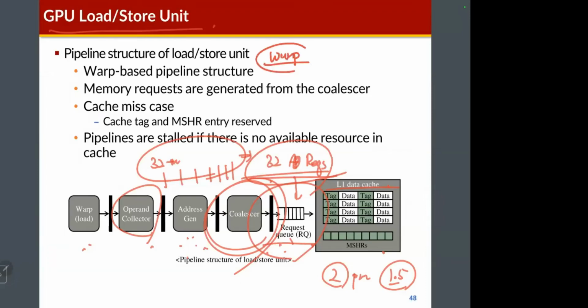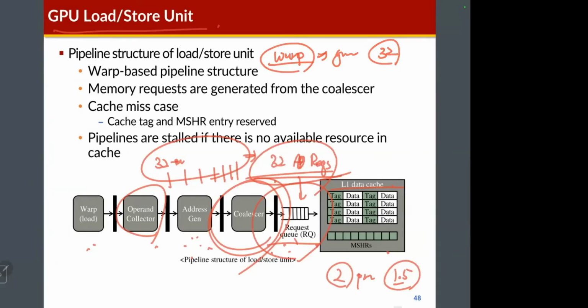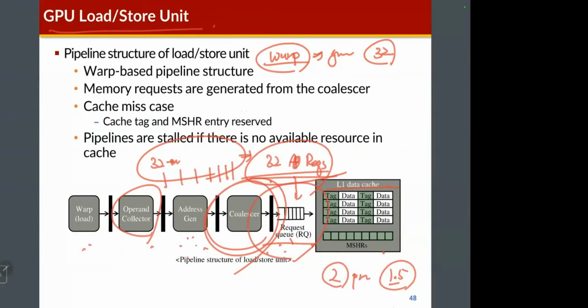A warp is a group of threads, and usually the warp size is 32. Which means that the GPU groups 32 threads into a warp, and then the GPU executes this warp.